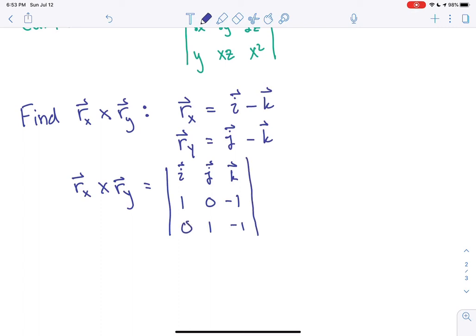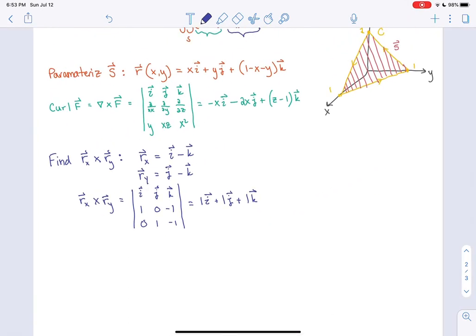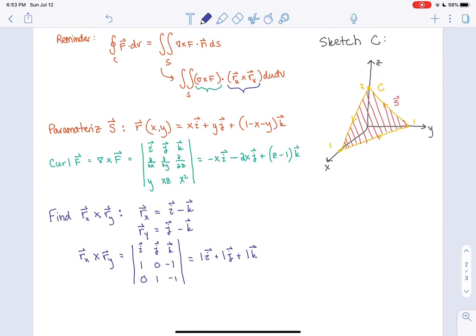And then just to save some time, I already know this is going to come out to be 1i plus 1j plus 1k, because I solved this problem beforehand. Okay, cool. So now we have this second factor in the integrand.